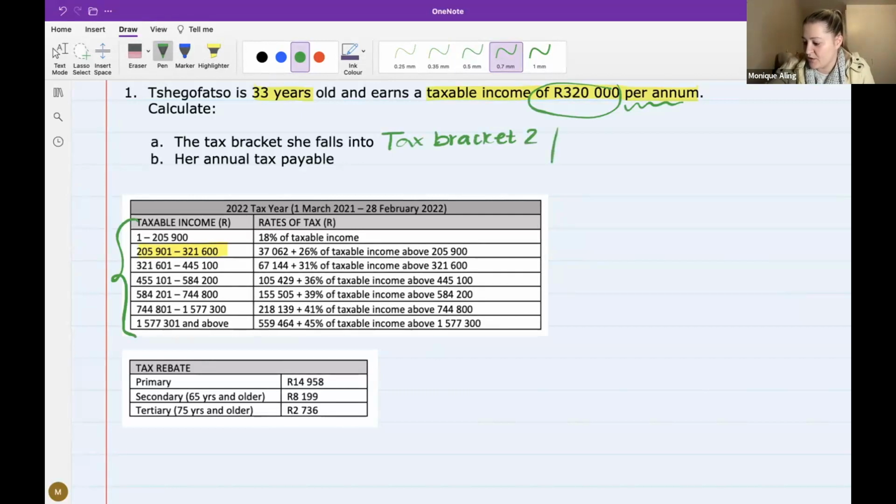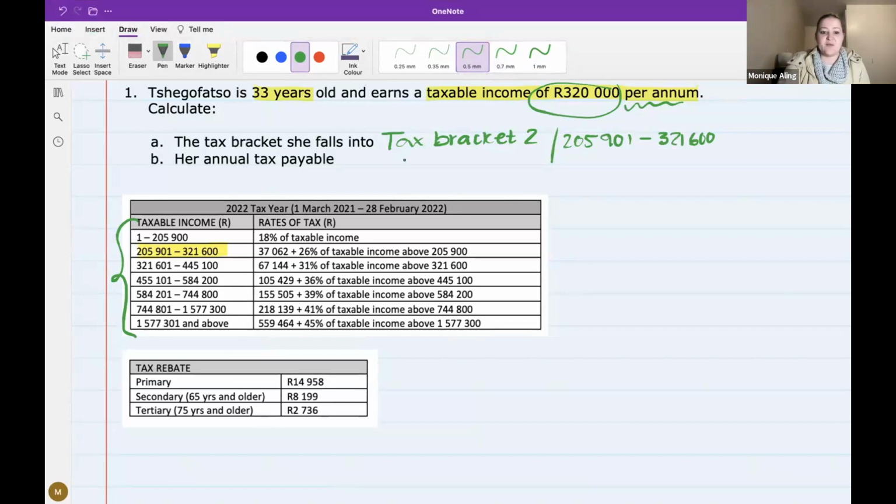You could also write the actual bracket, 205,901 to 321,600.